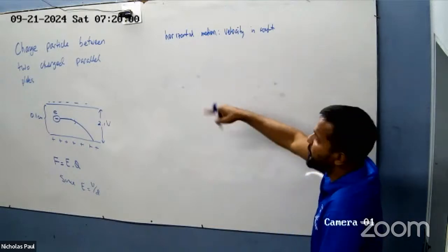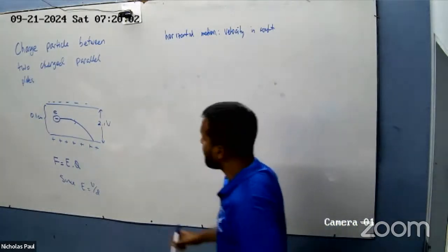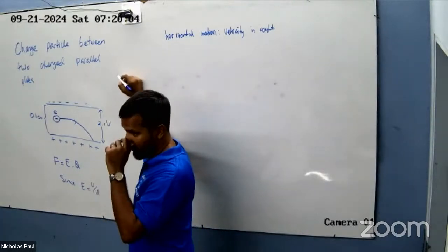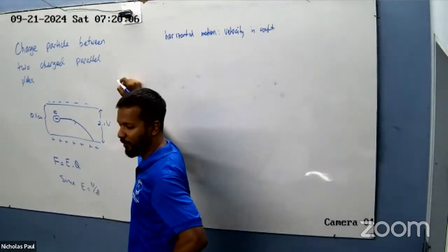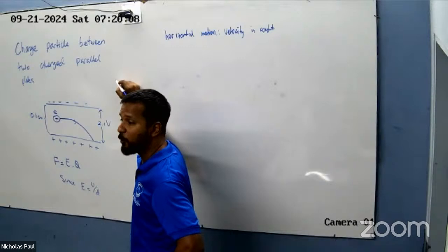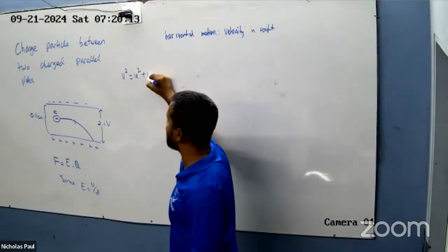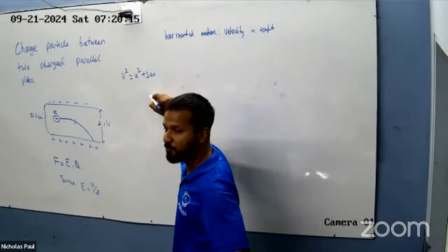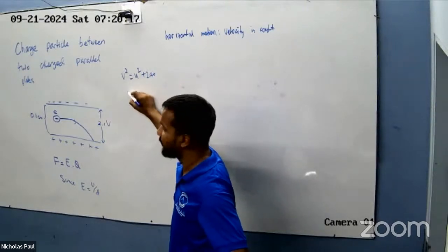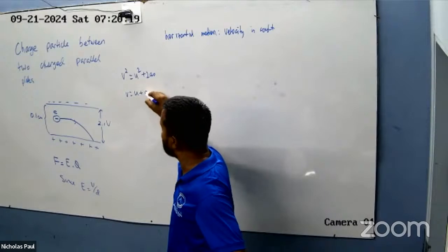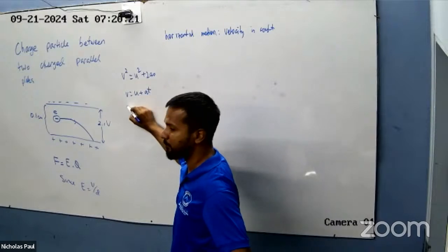What do we use to prove all these things here? Very good. We use equations of motion, right? So v squared is equal to u squared plus 2as. Next one is v is equal to u plus at. What else?